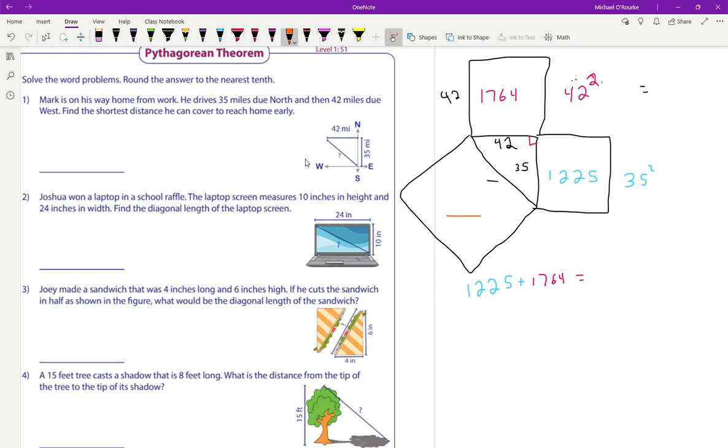We're trying to find the big box. So we're going to add them. Yeah, and then what's our last step? How do we find this number right here? We take the square root of this number. And we'll round to 55. 54.7.